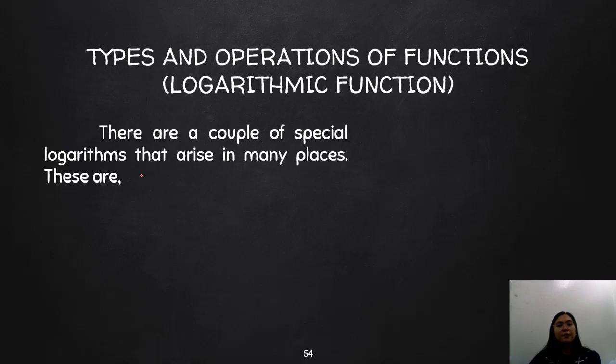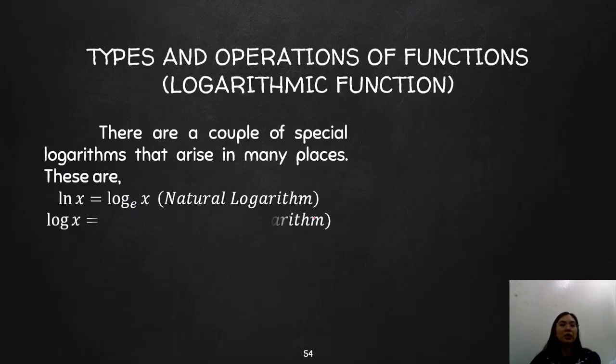So there are a couple of special logarithms that arise in many places, and these are your ln of x, which we call your natural logarithm. Pag nakikita niyo yung ln function, this actually means that this is the log of x to the base e. Diba? Natural logarithm.